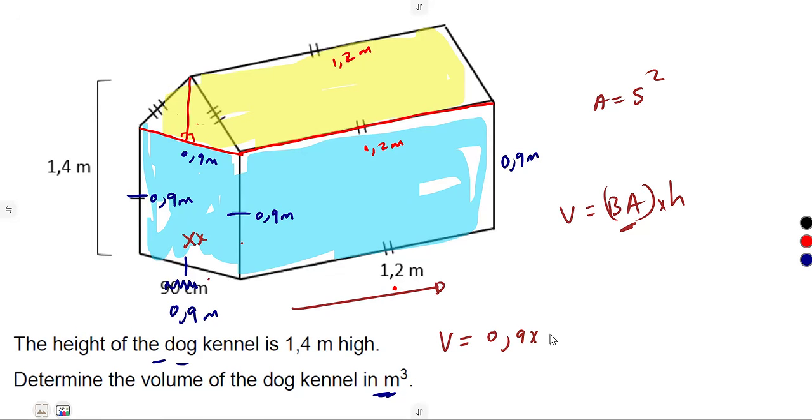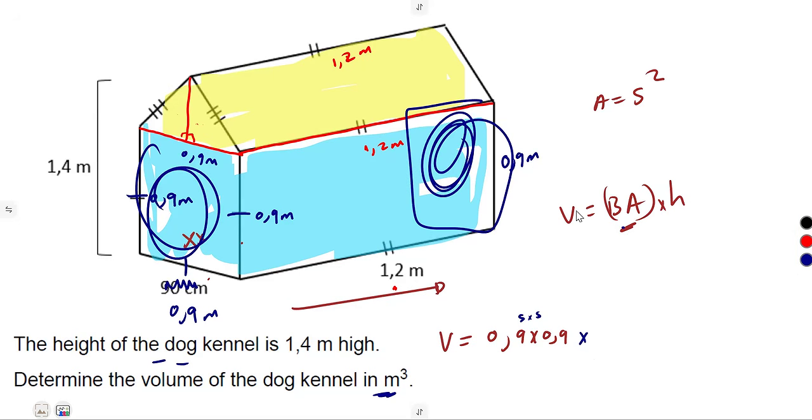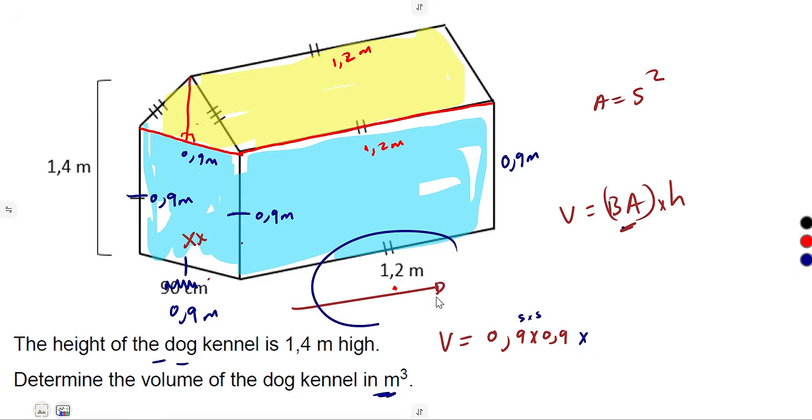That's the base area, times the height from this square to the other square on the other side, which is not shown. The difference in between is 1,2 meters. So this is our first volume, from the rectangular prism. You can say it is square based, because what you see on the base is a square.